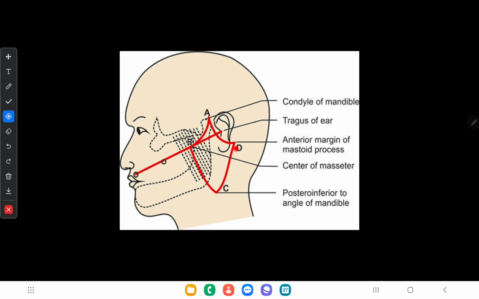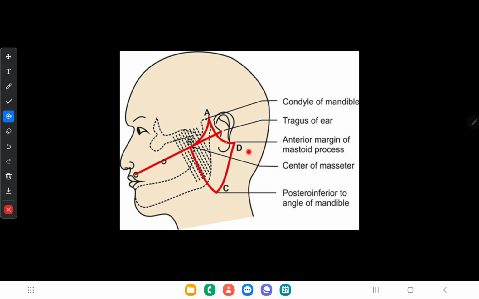Then you have to draw a line from the third point to the fourth point to draw the posterior border of the parotid gland.